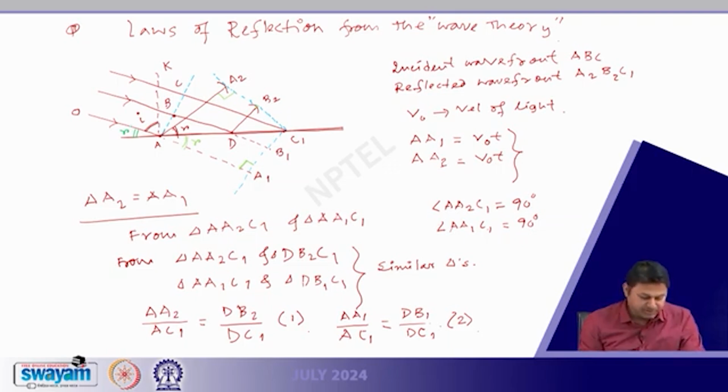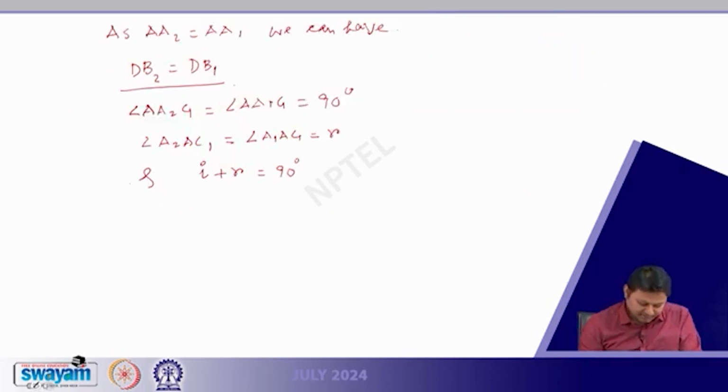So, let me check here. If that is the case, then angle OAK then has to be equal to angle KAA2.